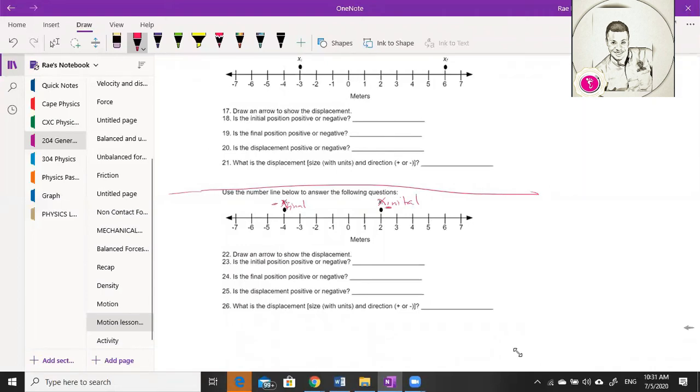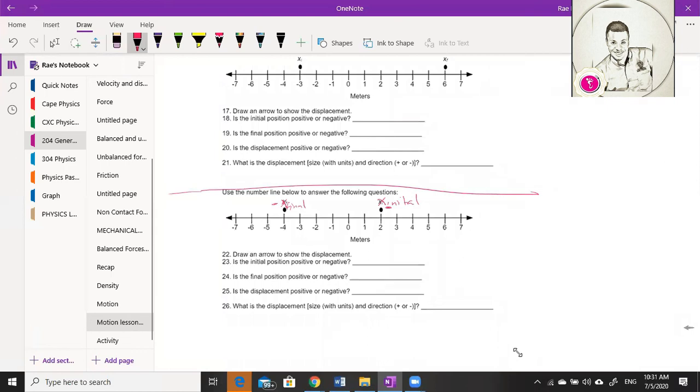Go ahead, drop that in your book quickly and answer these questions. They say draw the arrow to represent the displacement, and is the initial position positive or negative? Is the final position positive or negative? Is the displacement positive or negative? And what is the displacement?